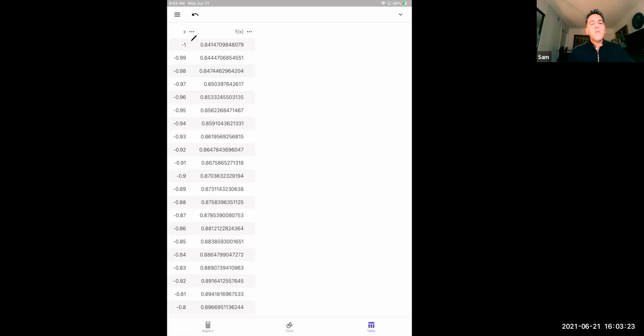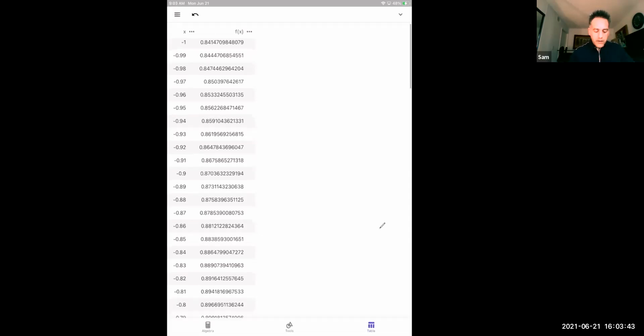So for instance, when x is -1, the value of y is 0.84. Second column, second row, when x is -0.99, the value of y is 0.8447, and so on. If you pay attention to these x's, they are getting closer to 0.